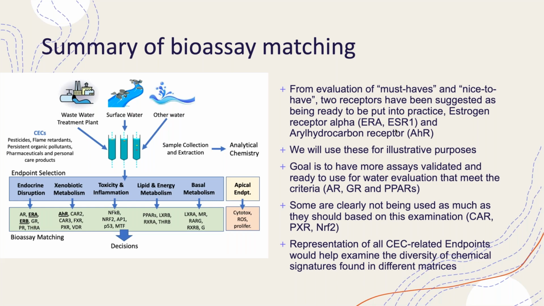The aryl hydrocarbon receptor interacts with a wide variety of, in particular, lipid-soluble ligands, and it drives that adaptive response. It regulates the metabolic disruption part of the endocrine and metabolic disruption. They've been highly examined, they have highly standardized assays, and several regulatory agencies have moved these two assays forward into some of their thought process of looking at water quality.